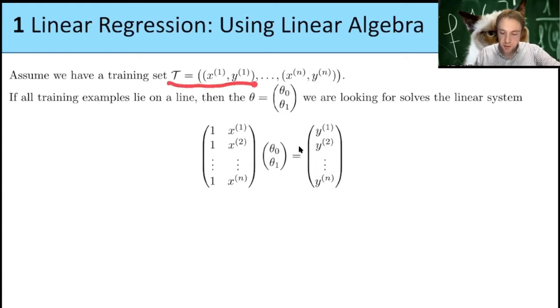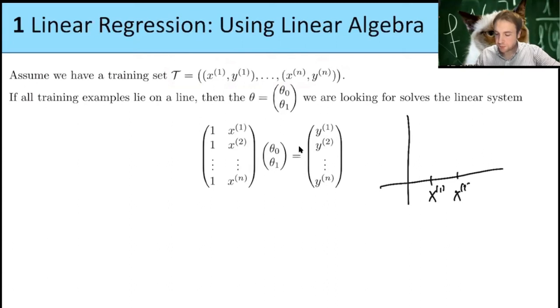So assume that we have the situation that our training set, all these points, if I have here an x1, x2, x3, could all lie on one line. So this is our h, and here are the corresponding y1, y2, y3.